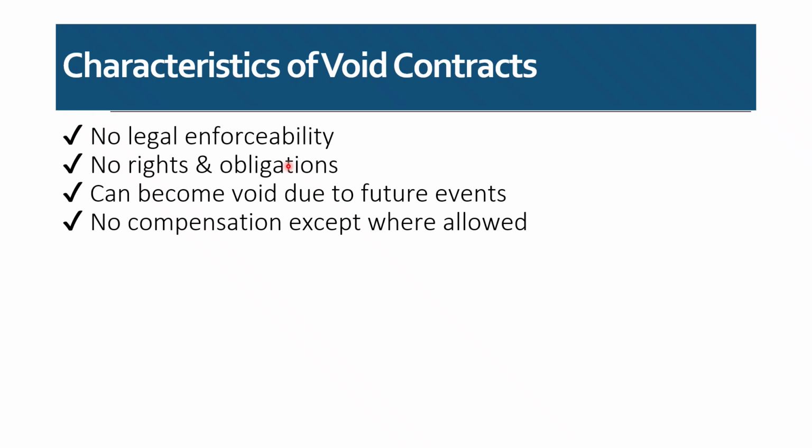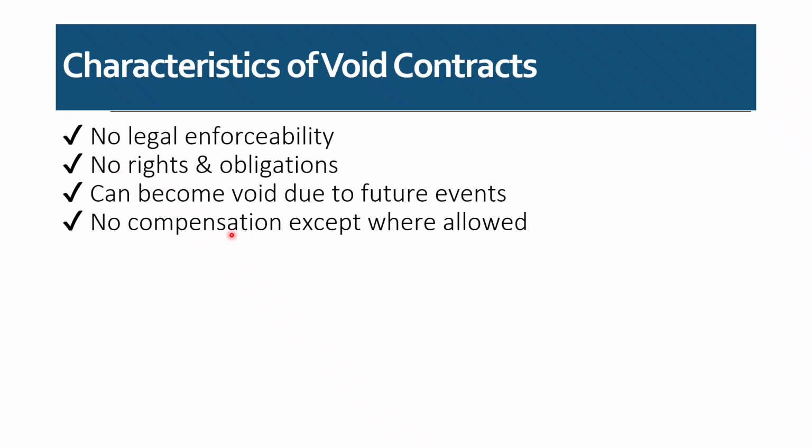Next, it can become void due to future events. Example, a contract depending on an event that becomes impossible, such as a sports match being cancelled due to government restrictions. And then the last one is that it arises because of legal deficiencies.